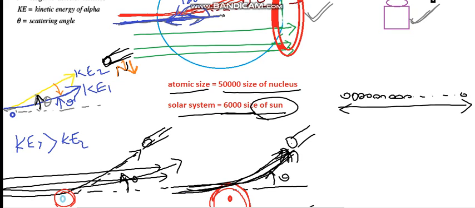If you arrange 6,000 suns, you will get the solar system. If you arrange 50,000 nuclei, then you will get the atomic size. So the size of the nucleus is that much smaller.